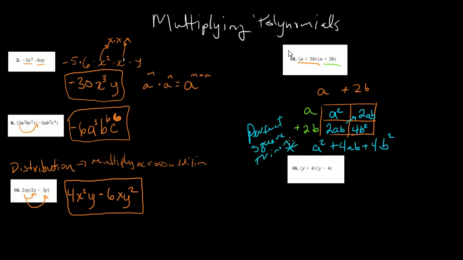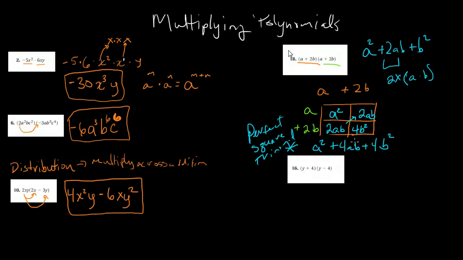trinomial. What that means is a perfect square trinomial takes the form a squared plus 2ab plus b squared, meaning the first term is a perfect square, the last term is a perfect square, and the middle term is 2 times the square roots of a times b. So here the square roots multiplied give 2ab, and I have 2 of them.